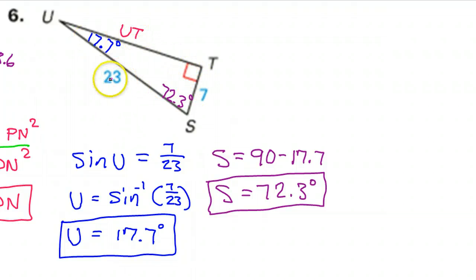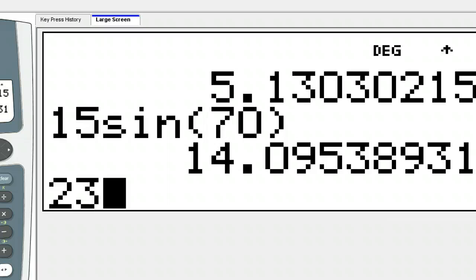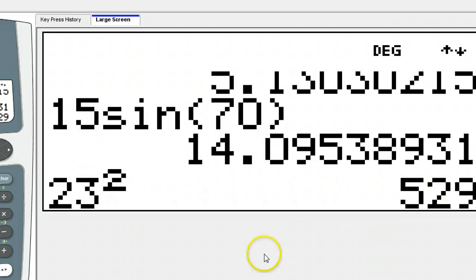Just remember to put the hypotenuse as the one that's by itself in the equation. So it's going to be like this. UT squared plus 7 squared is equal to 23 squared, right? Leg squared plus leg squared equals hypotenuse squared. The Pythagorean theorem, of course. So this is going to be UT squared plus 49 is equal to 529.